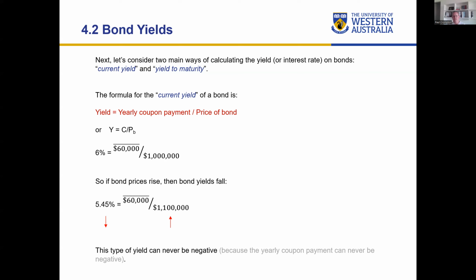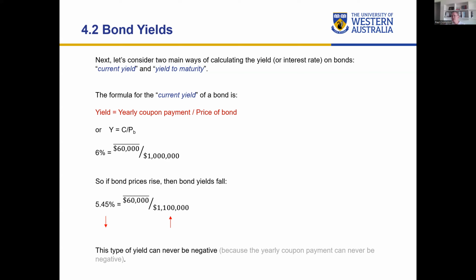But let's just say that there is an increase in the demand for bonds. The demand curve for bonds shifts to the right, so bond prices increase. What then happens is bond prices increase in the secondary market from $1 million up to, say, 1.1 million.